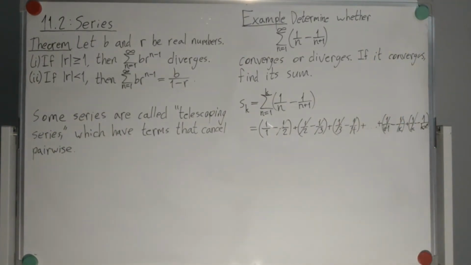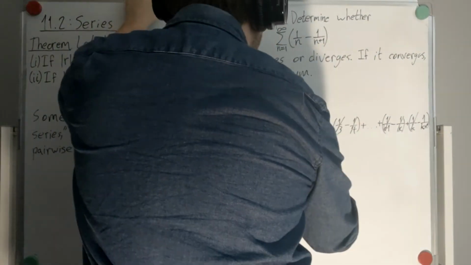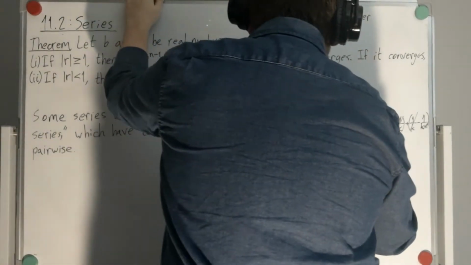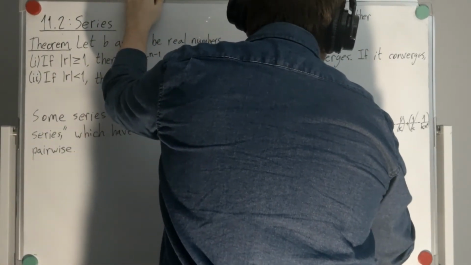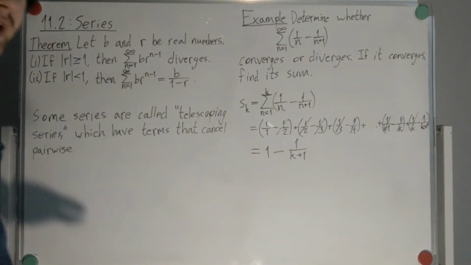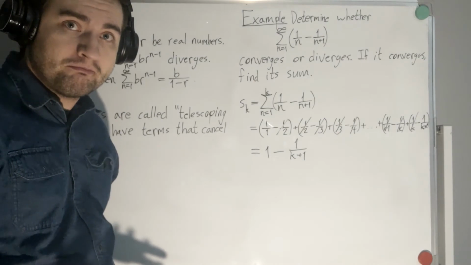So all of this stuff cancels. The only thing that we have left is 1 over 1, which is just 1, and negative 1 over k plus 1. And that's the kth partial sum, right?